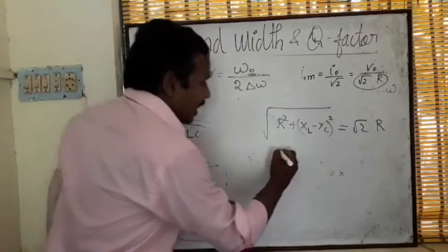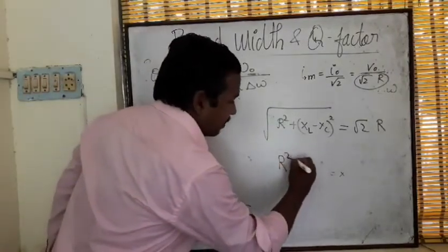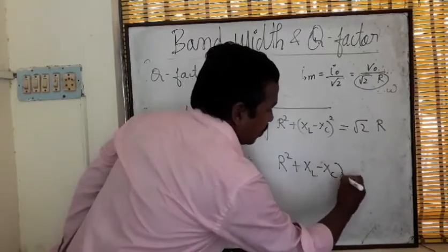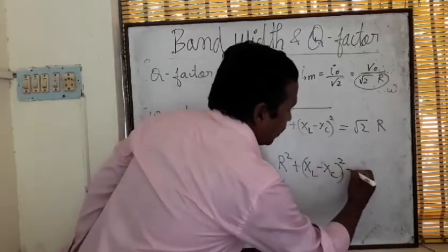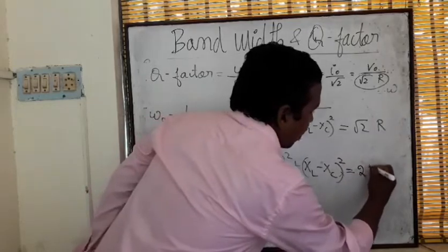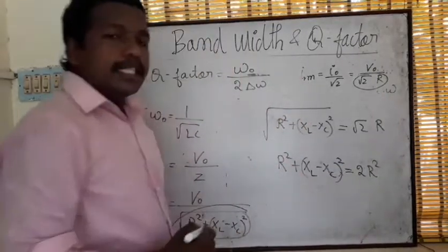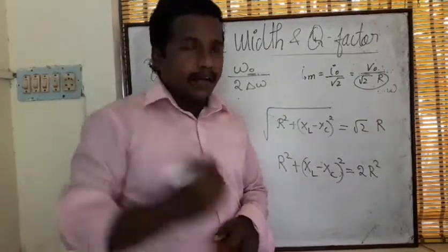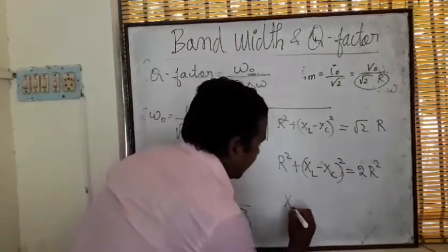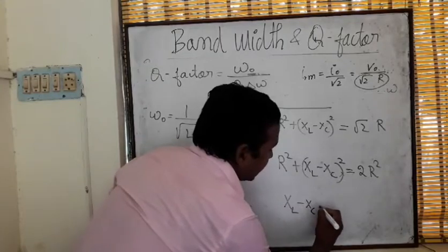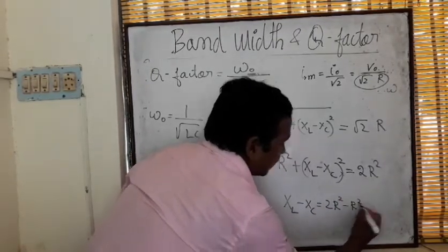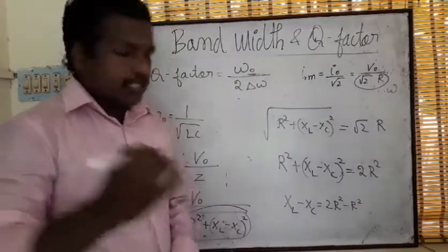So squaring both sides we get R square plus XL minus XC whole square is equal to 2 times R square. This R I take to that side, so minus R square. So XL minus XC whole square is equal to 2R square minus R square, that we will get as R square.